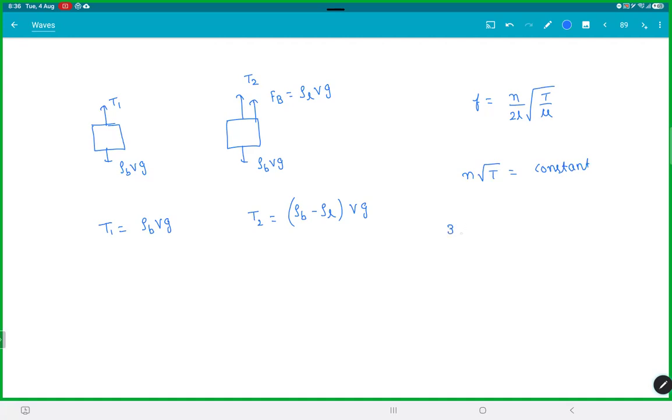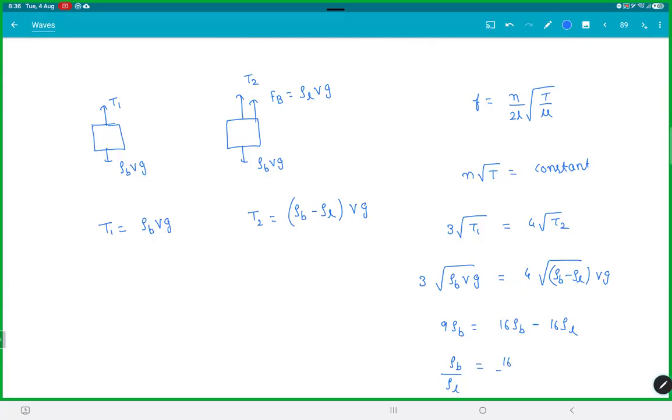So this will be 3 into root T1 is equal to 4 into root T2. Rho b Vg is equal to 4 into rho b minus rho L, Vg. So this would be 9 rho b equals 16 rho b minus 16 rho L. So we get rho b by rho L will be 16 by 7.